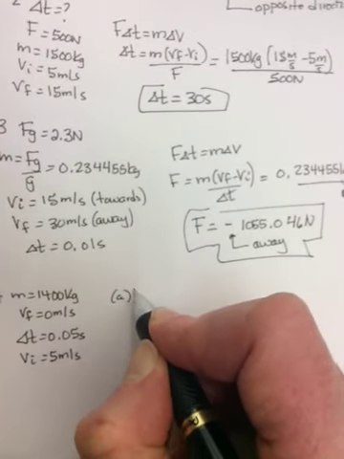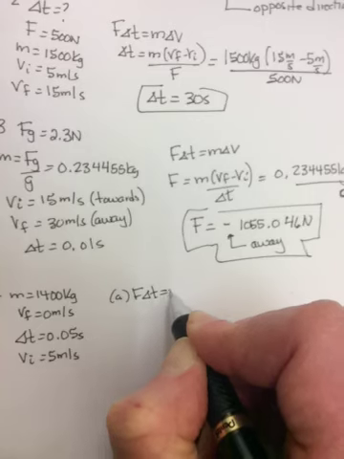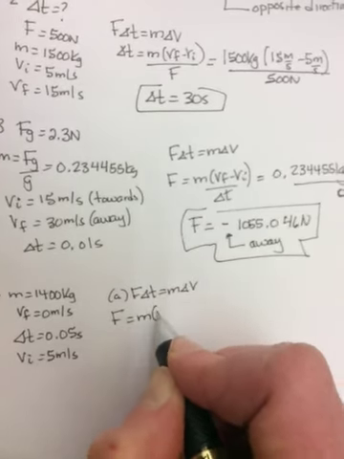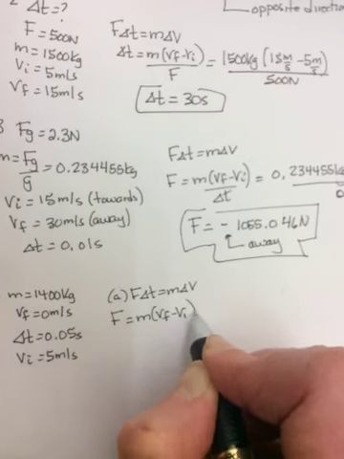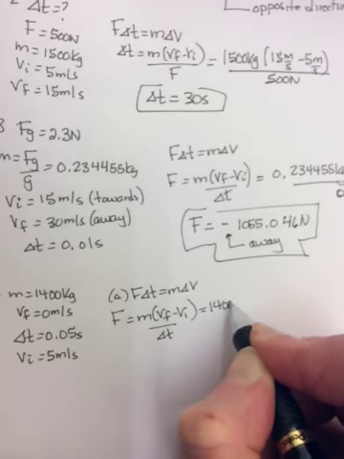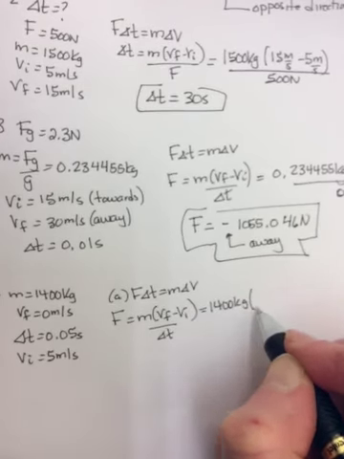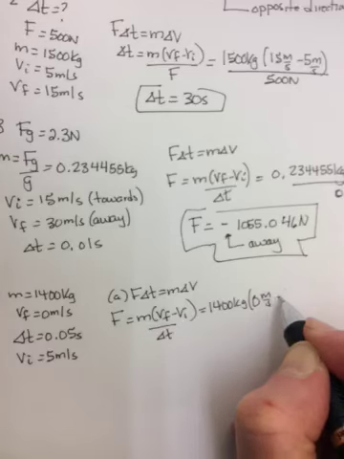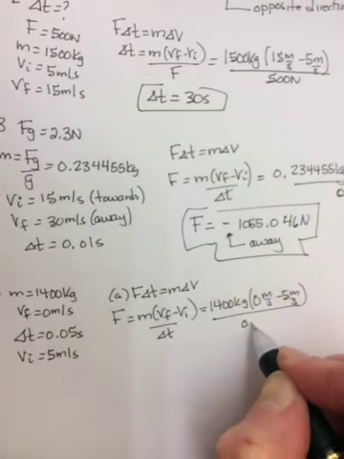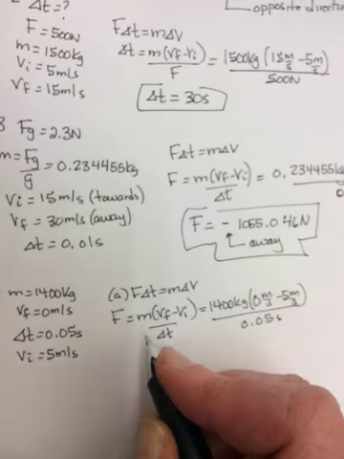So for part A, F delta T equals M delta V again. So F is going to equal M (VF minus VI) over delta T. So 1,400 kilograms times 0 meters per second minus 5 meters per second over 0.05 of a second.